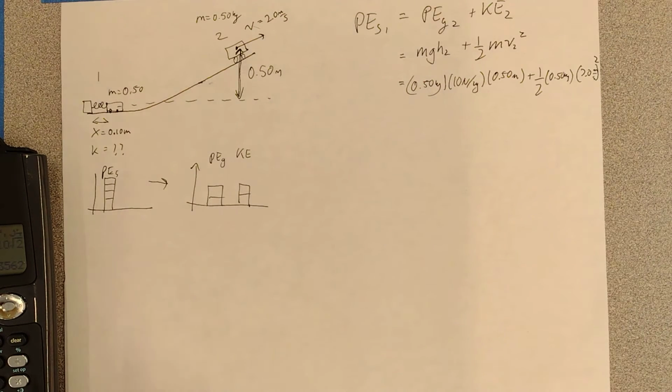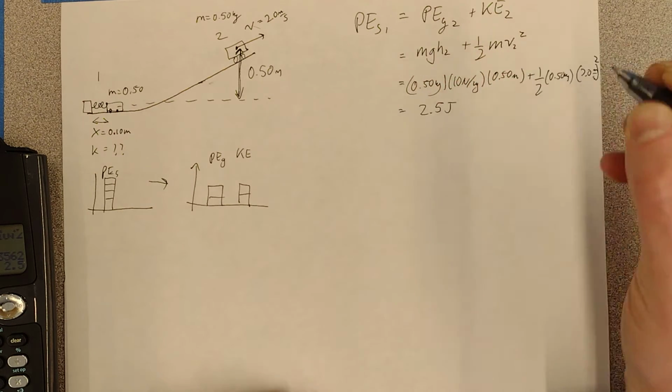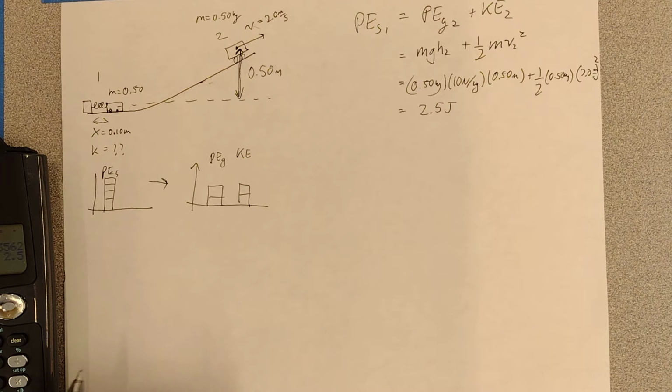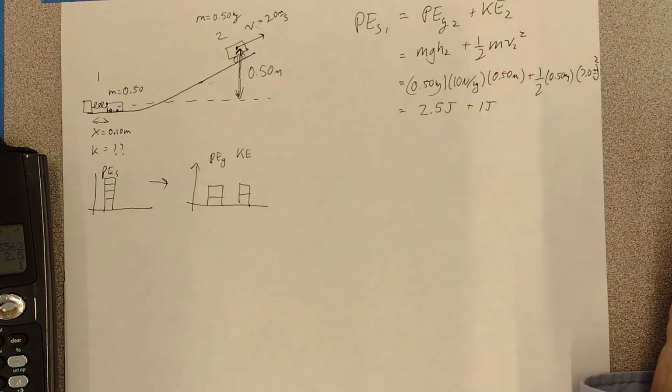So I'm going to go ahead and pound this out here. 0.5 times 10 times 0.5 gives us 2.5 joules of gravitational. 0.5 times 0.5 times 4 gives me 1 joule of kinetic.